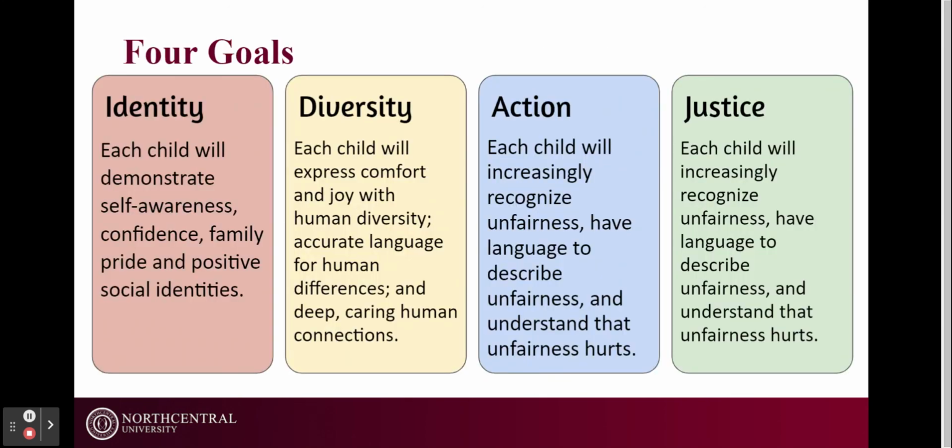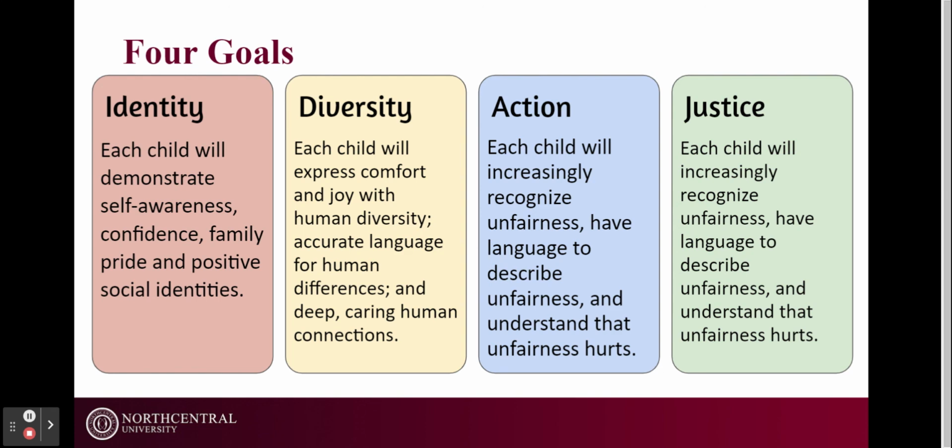So as we move forward in today's workshop, I want you to focus on these 4 goals, okay? We're going to aim to meet these 4 social justice standards. Each child will demonstrate self-awareness, confidence, family pride, and positive identities. Each student will express comfort and joy with human diversity, accurate language for human differences, and deep, caring human connections.